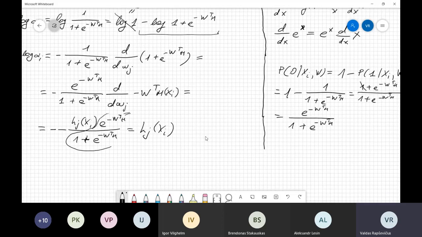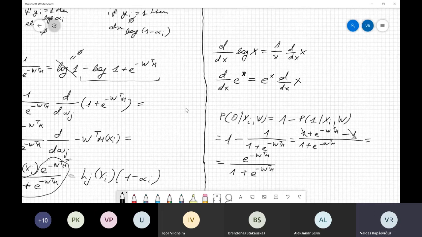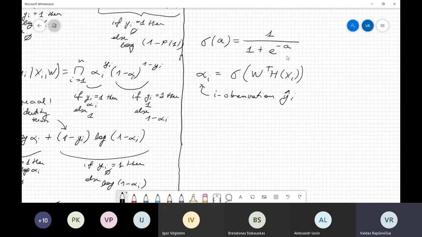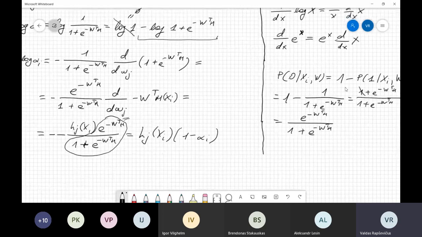So this is nothing else than 1 minus alpha i, because we had alpha i here, this guy alpha i. So by looking at that rule, we just expressed this term as 1 minus alpha i.